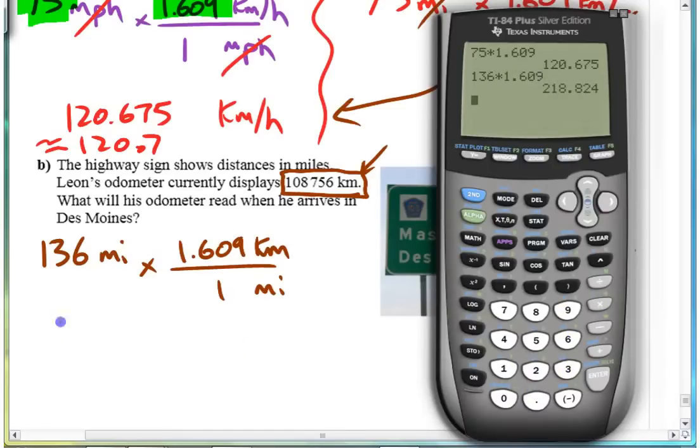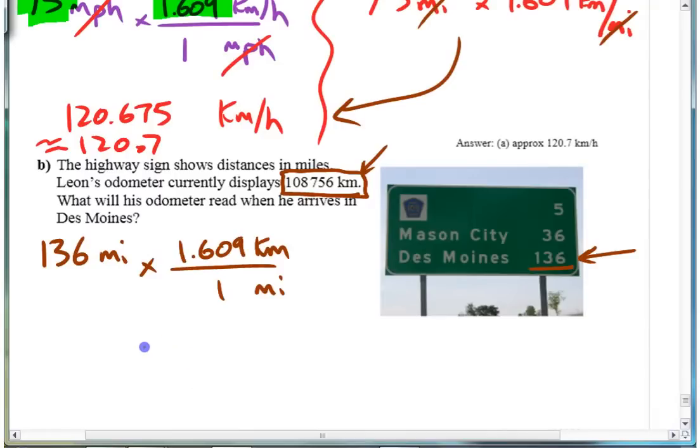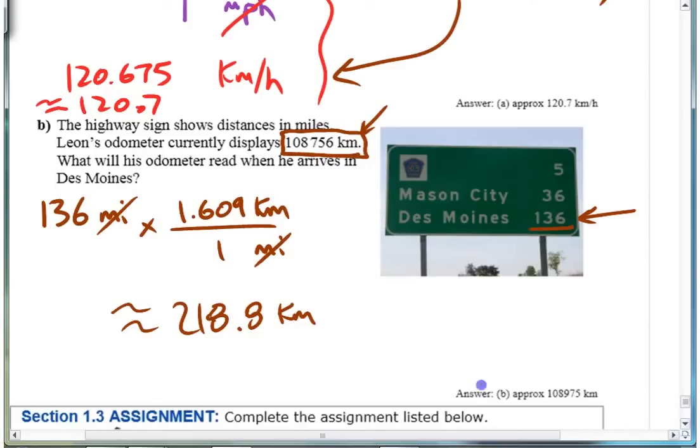And you get that. Again, your number should be higher. You've got to know that if you're changing from miles to kilometers, your answer should be higher. I want 218.8, let's call it. 218.8 kilometers, right? Now that's not your final answer, because you've got to finish it here.